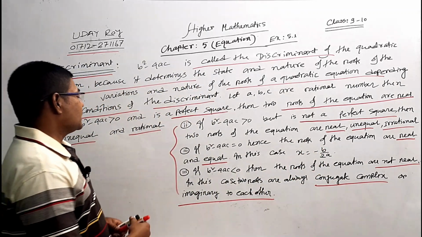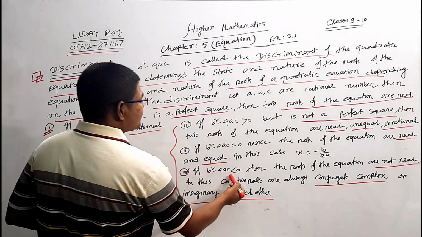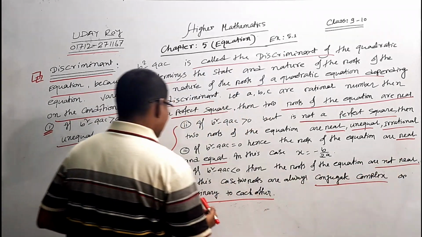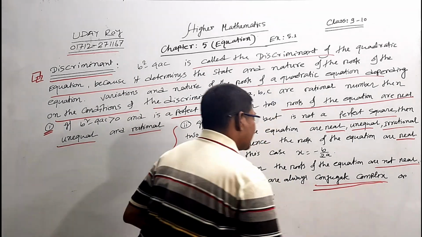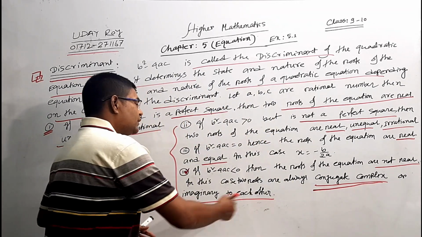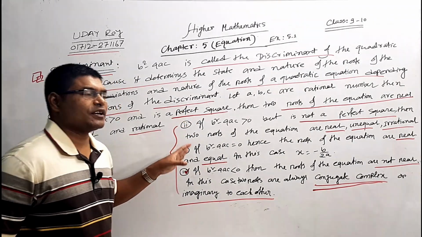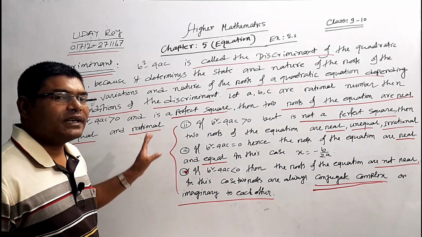And here is number 4: if b square minus 4ac is less than 0, then the roots of the equation are not real. In this case the roots are always conjugate, complex or imaginary to each other. So this is the discriminant, that means the nature of the roots.